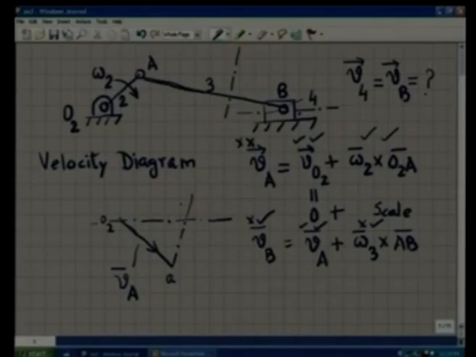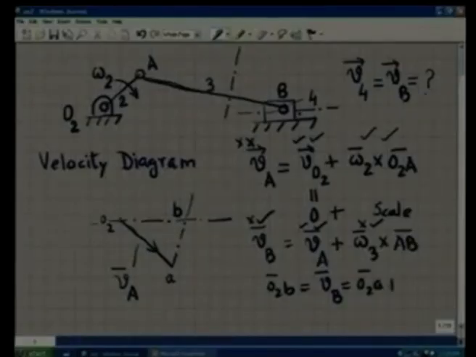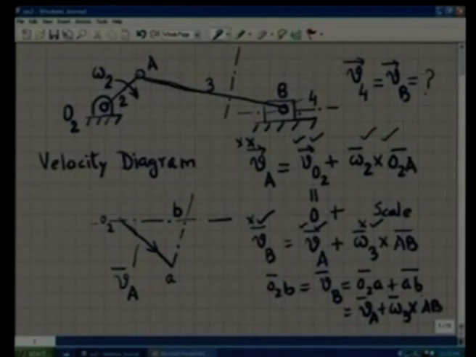So the intersection of these two lines must determine the point small b such that o2b vector represents velocity of the point VB, which is, as we see, o2a vector plus vector ab, where o2a represents velocity of the point A and the line ab represents omega 3 cross AB. So I put a vector sign here and a vector sign there. So o2b represents velocity of B to the same scale which we have used earlier.